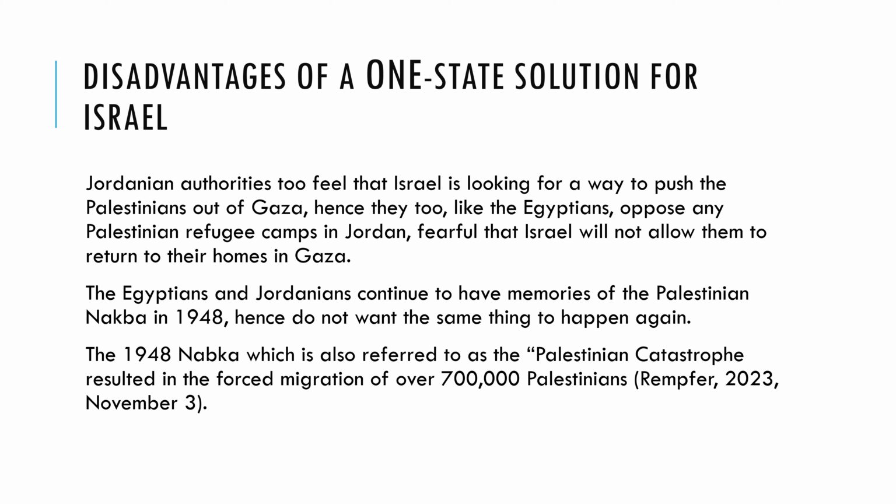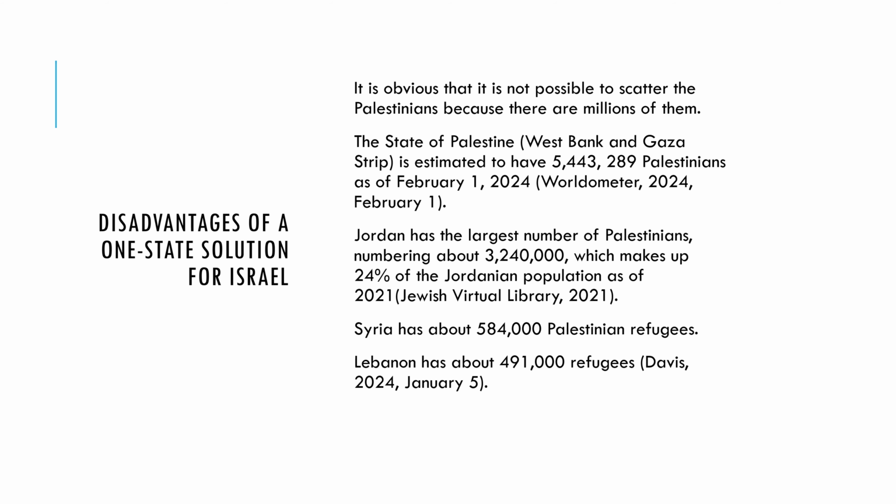The 1948 Nakba, which is also referred to as the Palestinian catastrophe, resulted in the forced migration of over 700,000 Palestinians. It is obvious that it is not possible to scatter the Palestinians because there are millions of them.